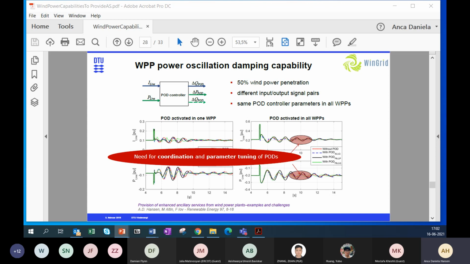It is a similar situation to when you have the POD activated in only one wind power plant and it works fine, but if you are not careful with how you do this and you put them in all the wind power plants at the same time without coordination, this doesn't mean that you will have better results. You can make it worse. So coordination is a keyword.